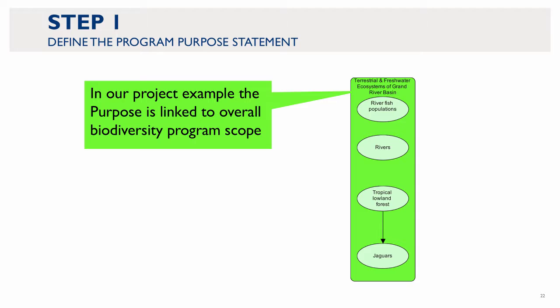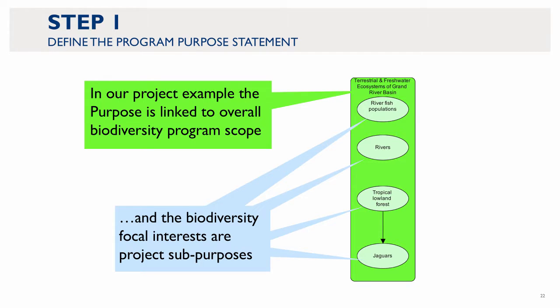In this module, as in the Biodiversity How-To Guides, we use an example of a biodiversity project with several biodiversity focal interests at a fictitious site called the Grand River Basin. Therefore, the desired change of status of the biodiversity scope is the project purpose, and the desired changes in the status of the biodiversity focal interests are the project's sub-purposes.